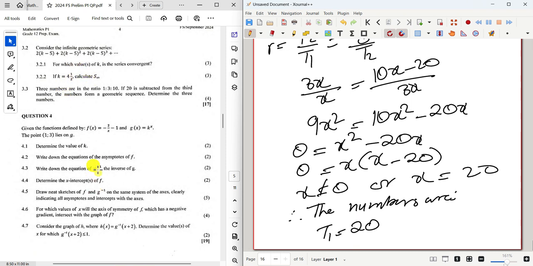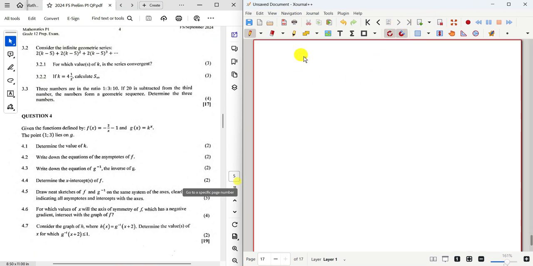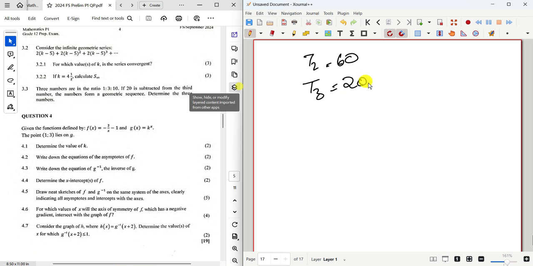Term 2 was 3 times x, so 3 times 20 will be 60. And then term 3 was 10 times x, so 10 times 20 will be 200. And these are the numbers that we are looking for.